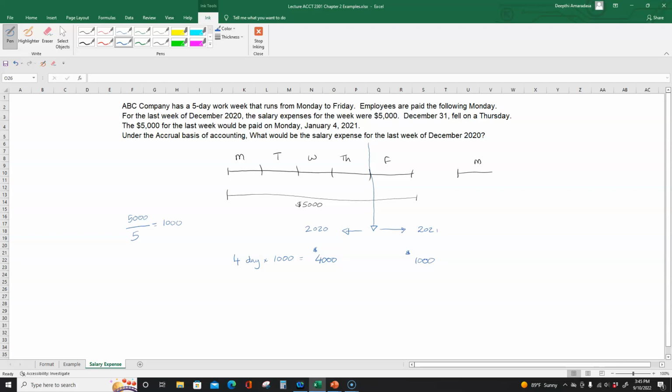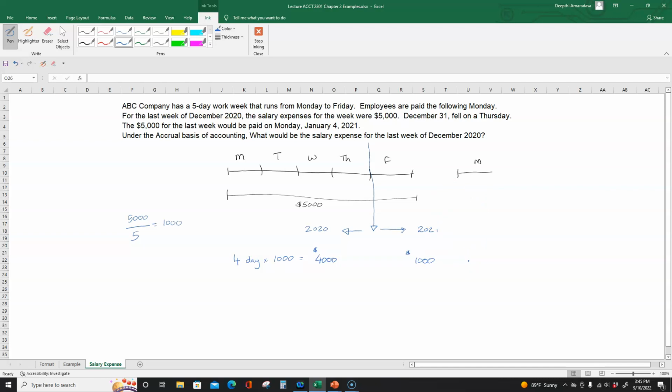If you were using the cash basis of accounting, since the salary would be paid in 2021, that entire $5,000 would be recorded for 2021. Because remember, if you're using the cash basis of accounting, expenses are recognized when cash is paid. So if you were using the cash basis, the entire $5,000 would be recorded in 2021.